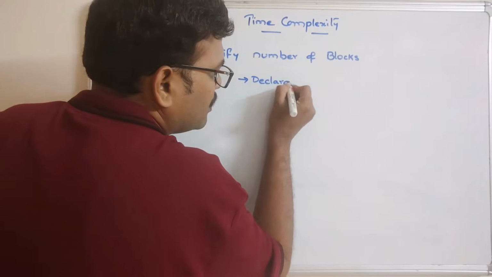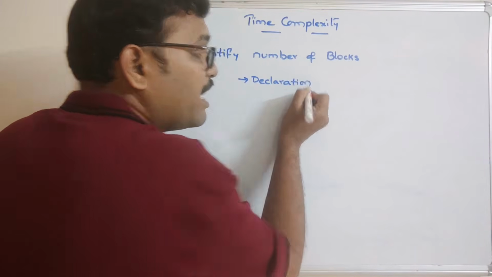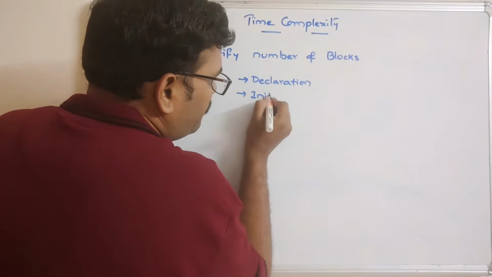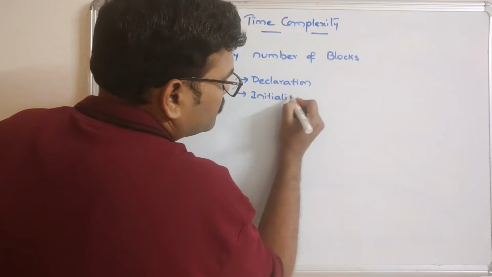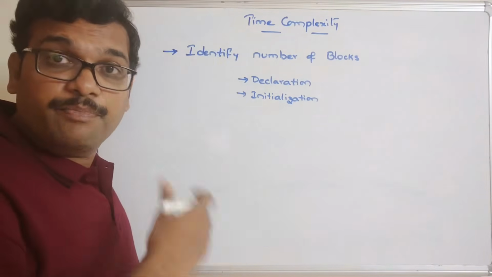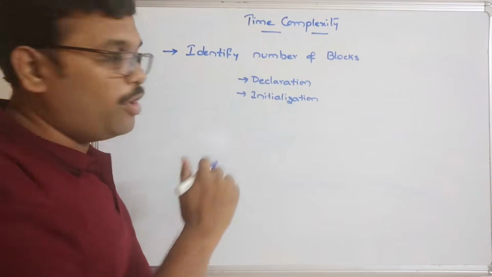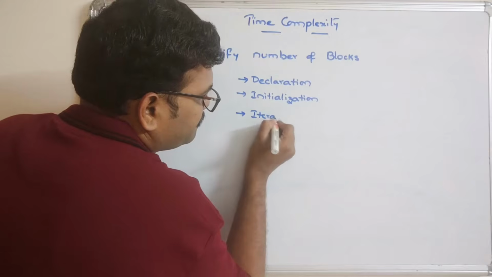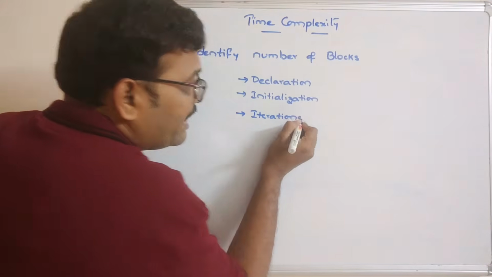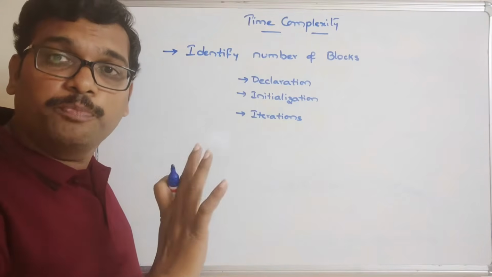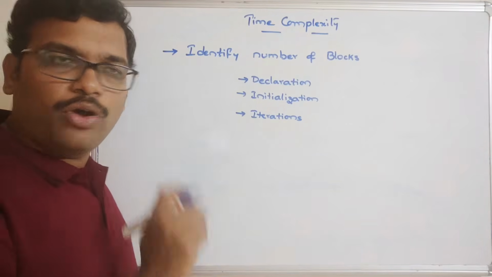Declaration can be considered as one block, initialization statements may also be considered as one block. Similarly, iterations, the complete iterations, if it is nested loops, then the complete nested loop should be considered as one block.